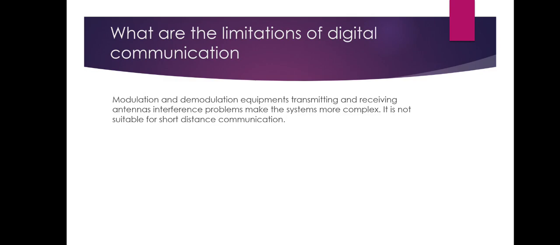The smaller the size of the antenna, the higher the frequency. Lambda equals c by f, so f equals c by lambda. The wavelength of the antenna should be less so the frequency will be more. It is inversely proportional.